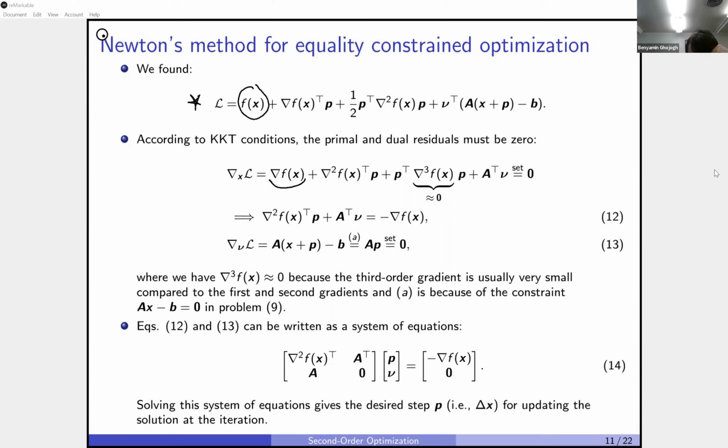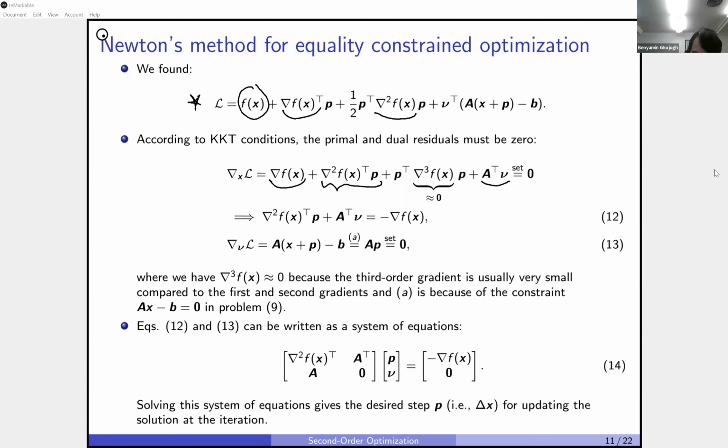The gradient term's derivative becomes the second order derivative of f times p. The Hessian term becomes a third order derivative. Then nu transpose Ax: other terms are constant with respect to x, so the derivative of nu transpose Ax with respect to x becomes A transpose nu. And set it to 0.